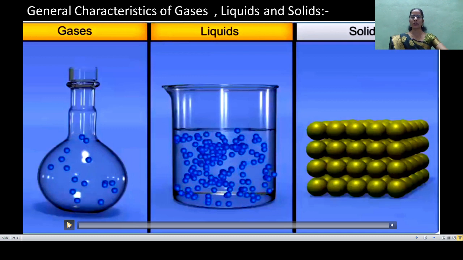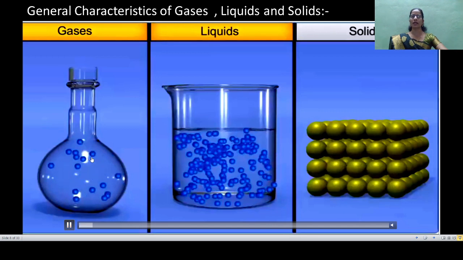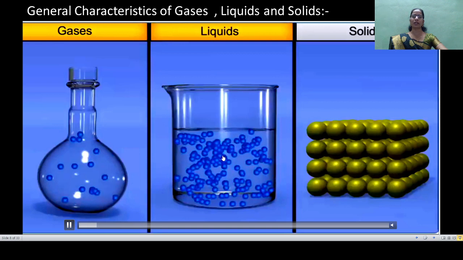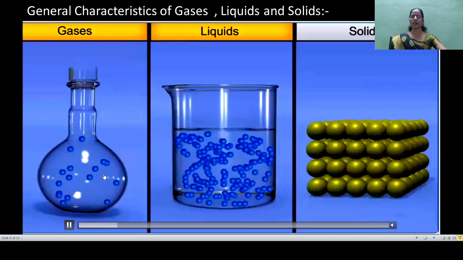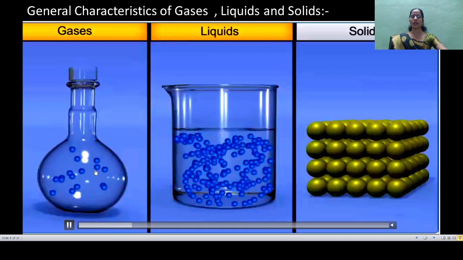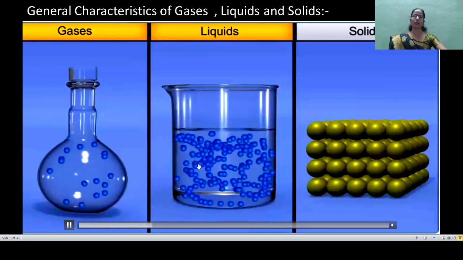And due to these interparticle forces of attraction, you will observe that the particles in gaseous and liquid state are in continuous random motion. They possess both translational and rotational motions along with the vibrational motion.